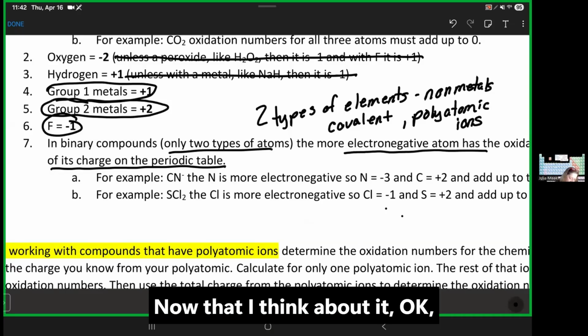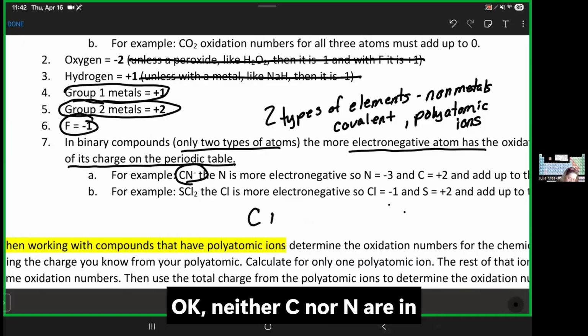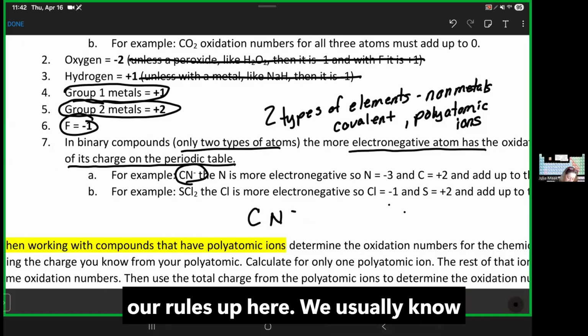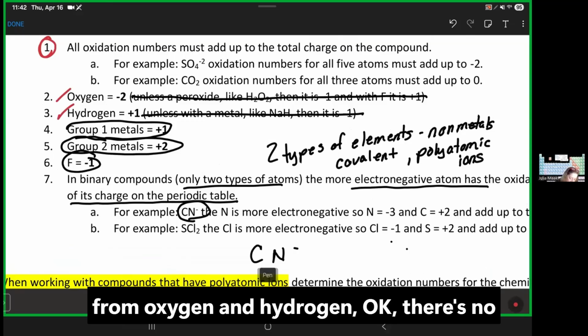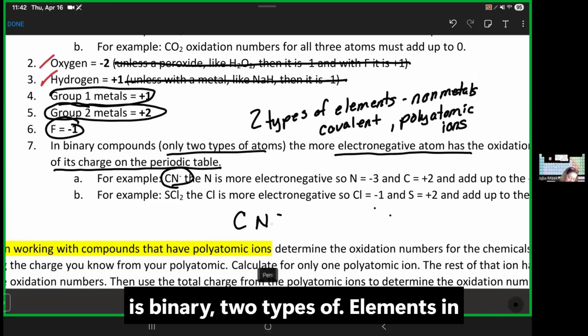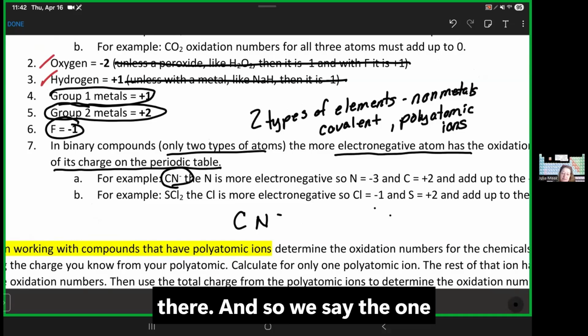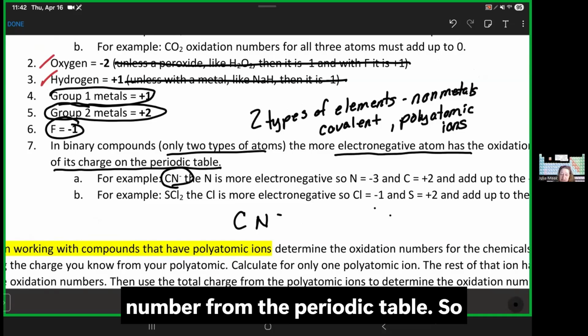Now that I think about it, take CN minus, the cyanide there. Neither C nor N are in our rules up here. We usually know from oxygen and hydrogen, and there's no oxygen or hydrogen in there. So this is binary, two types of elements. The one that's more electronegative gets its number from the periodic table.